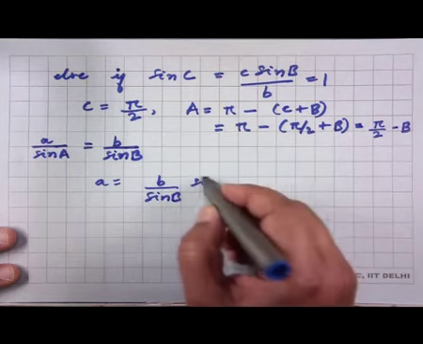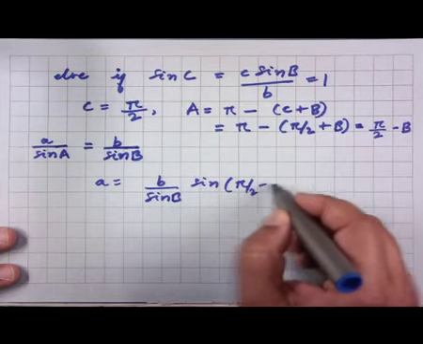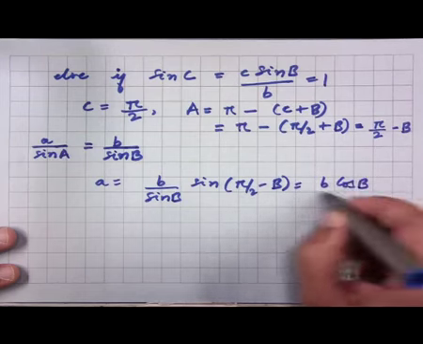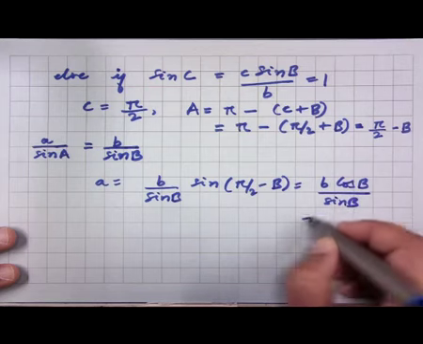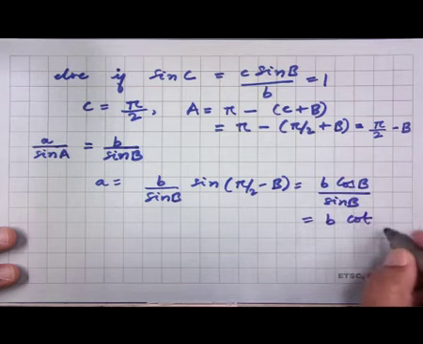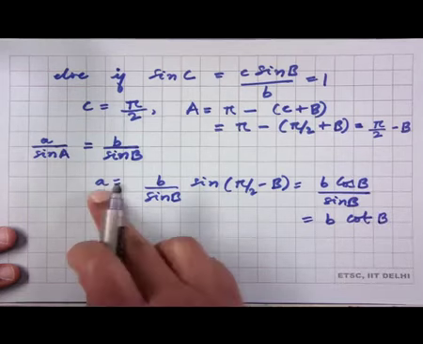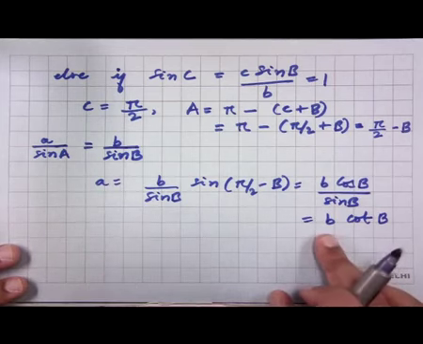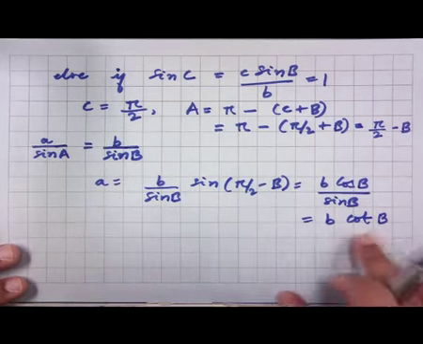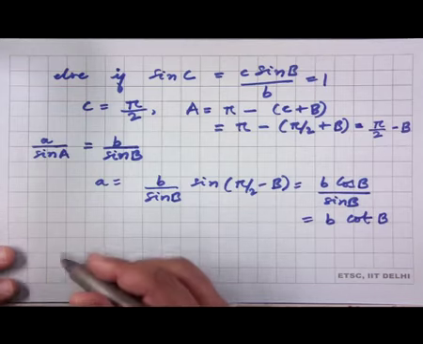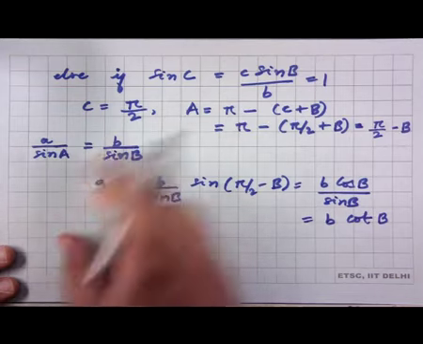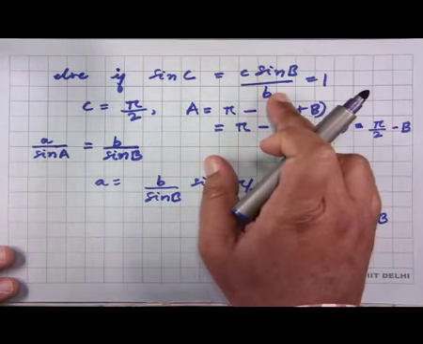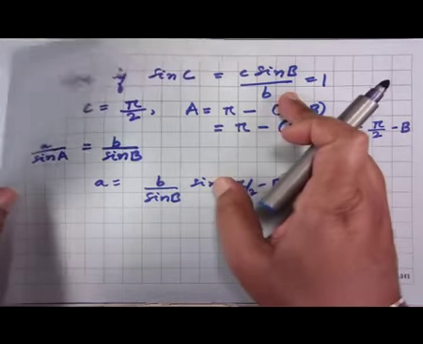So, sine of pi by 2 minus B, which is cos B, gives b into cos B by sine B, which is equal to b times cotangent of angle B. So, this is the value of the length of this side a. However, the third case is when this value is less than 1. So, we will take that case in the next slide.